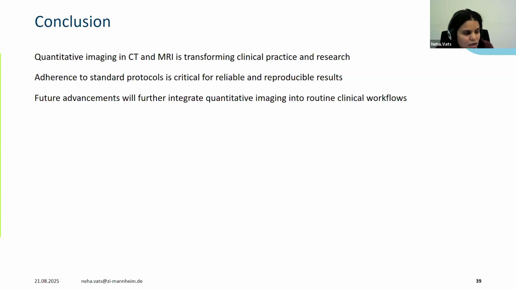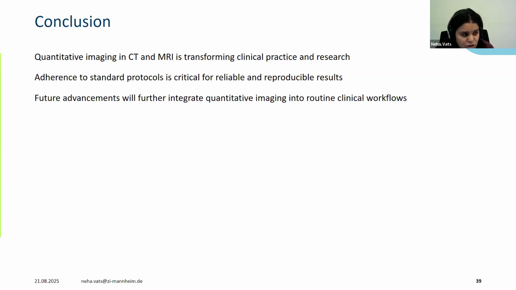In the conclusion, I would like to say that quantitative imaging in CT and MRI is transforming clinical practice and research, and adherence to standardized imaging protocols is a critical step for reliable and reproducible results. Future advancements will further integrate quantitative imaging into routine clinical workflows.